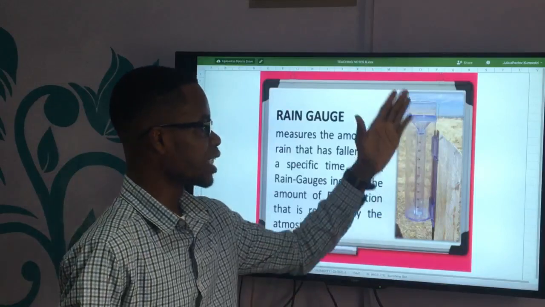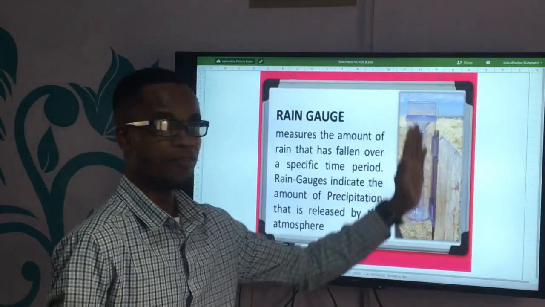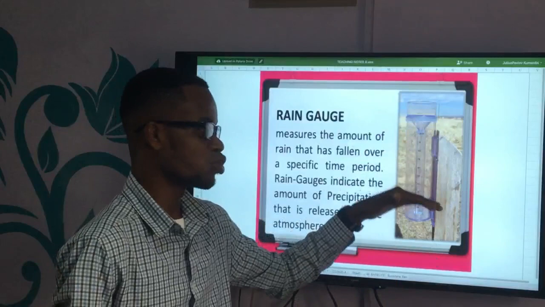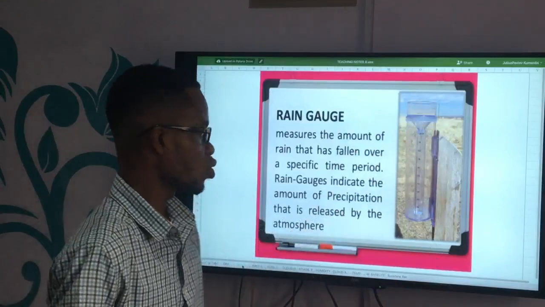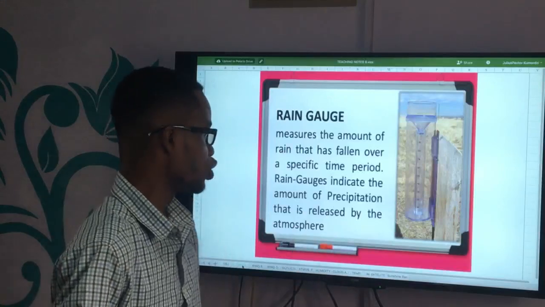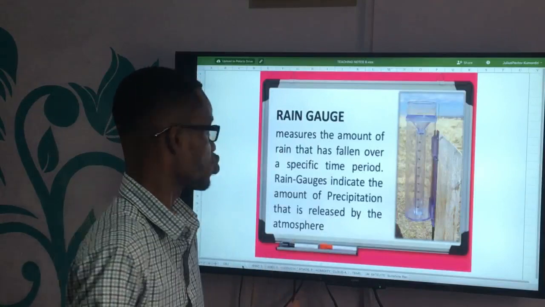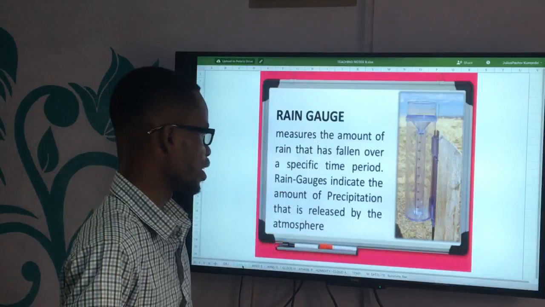It is easily built. You can get different forms of this, but the main thing is that it should have the measurement to be able to determine the amount of rainfall. So that is the rain gauge, the main instrument used to measure the amount of rainfall.